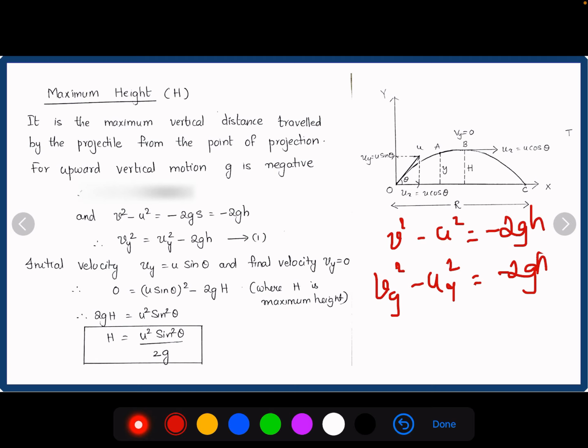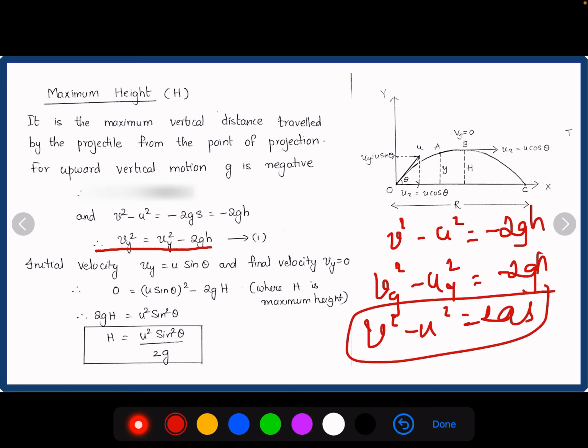We take the formula v square minus u square is equal to 2as, the third kinematic equation, and we have substituted. There we get vy square is equal to uy square minus 2gh. Let it be equation number 1.